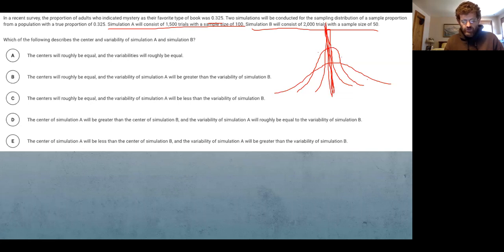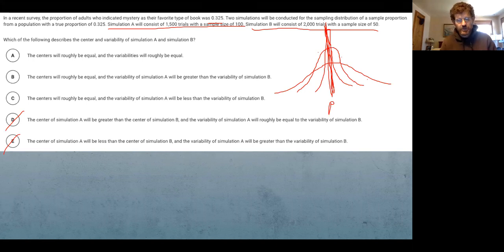So the sampling distribution mean will be the same as the population mean, or in this case, proportion. So the centers will be equal, or roughly equal. So A, B, and C have that. D and E, I'm going to cancel out. So now I just need to figure out between A and B, which one is going to have greater variability.